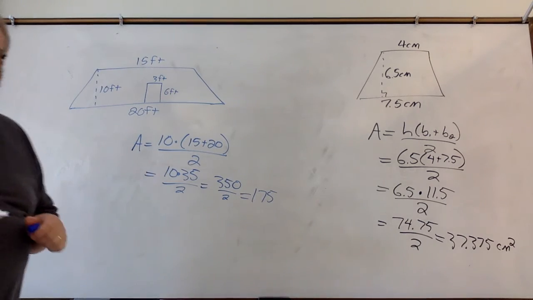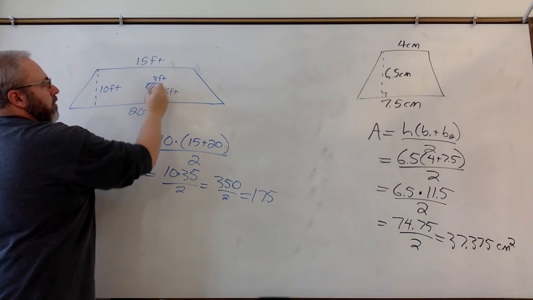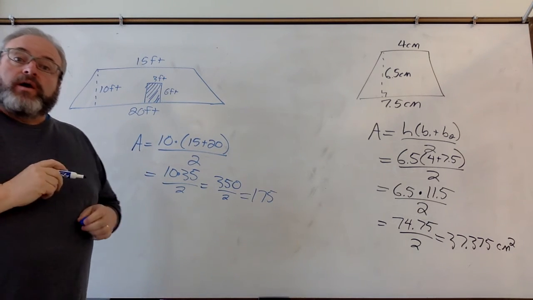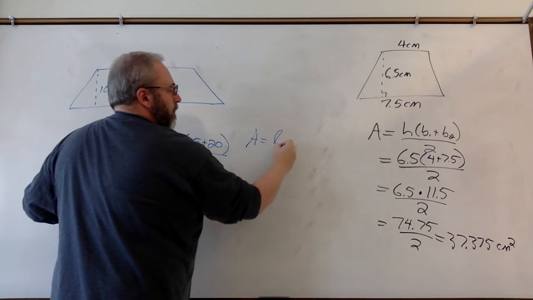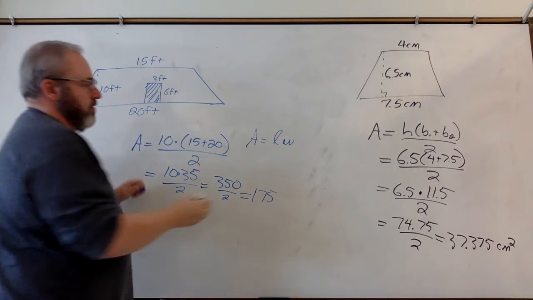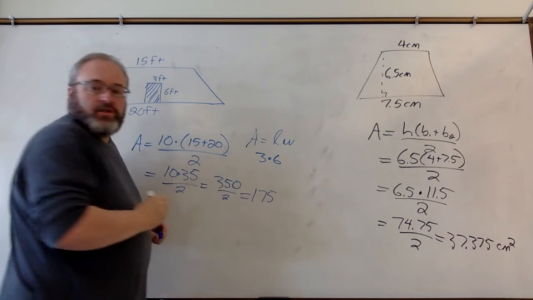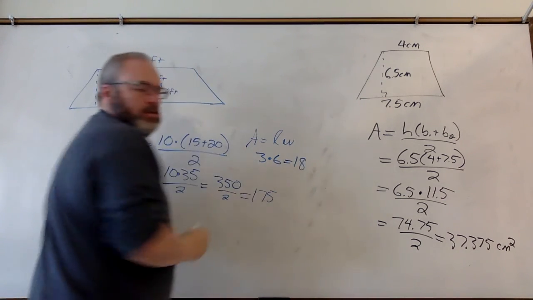Okay, now that's not our final answer. Remember, we do not want to include this section here. How do you find the area of a rectangle? Well, length times width. So that would be 3 times 6, or 6 times 3, which is 18.